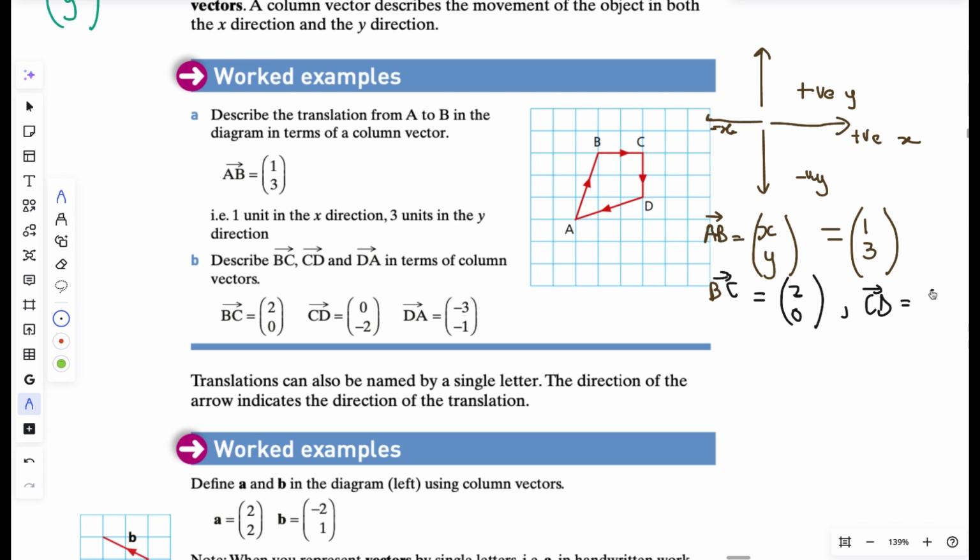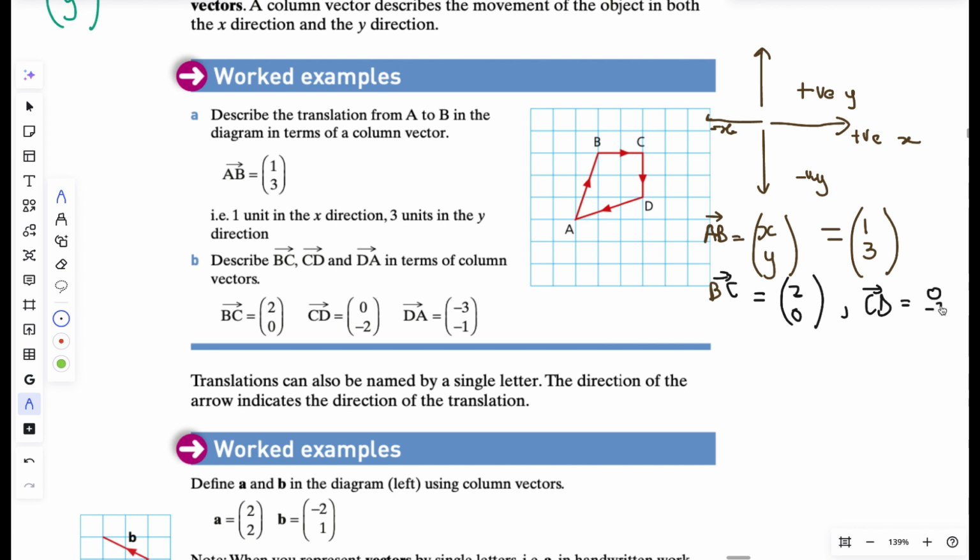So I'm going to write 0 for the x unit. And then the y unit is 2, but the 2 is going down, so it's going to be negative 2. If it's going up, it's going to be positive 2. I already showed that. If it's going up, it's positive y-axis. If it's going down, it's negative y-axis. So since it's going down, we're going to write negative 2.